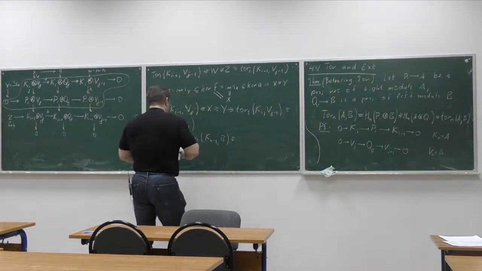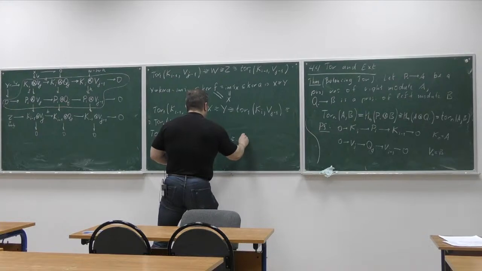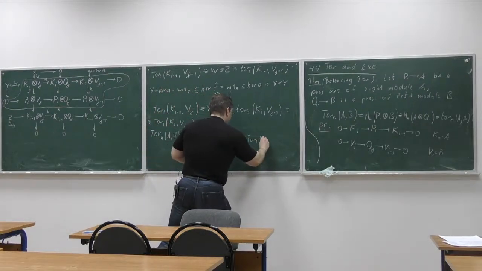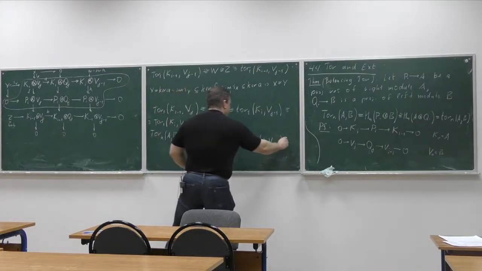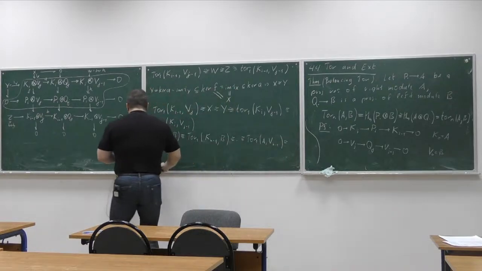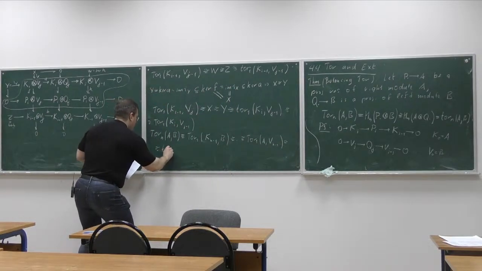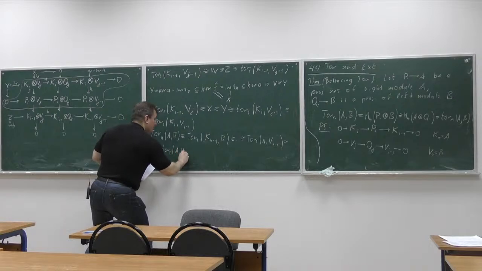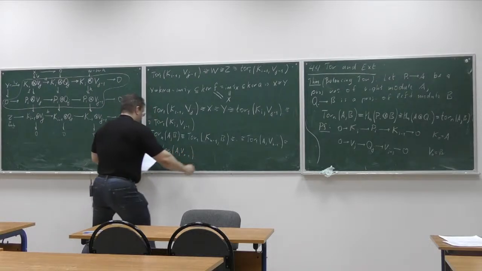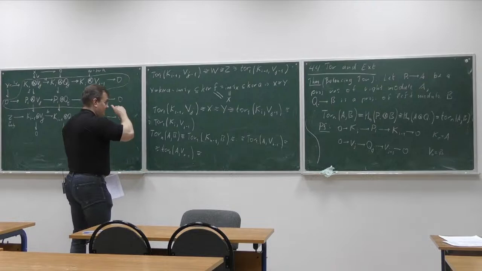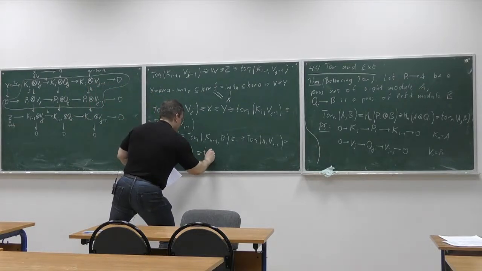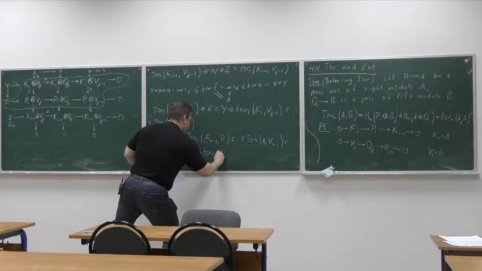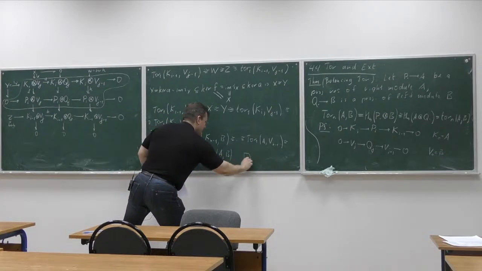So this is isomorphic, if I use the formula that I just proved on the previous line, to the Tor 1 a v n minus 1. And finally, this is the same thing as the little Tor 1 for a and vn minus 1. And now proposition 1 before the previous one, this is, but for the functor little Tor n a and b. End of the proof.